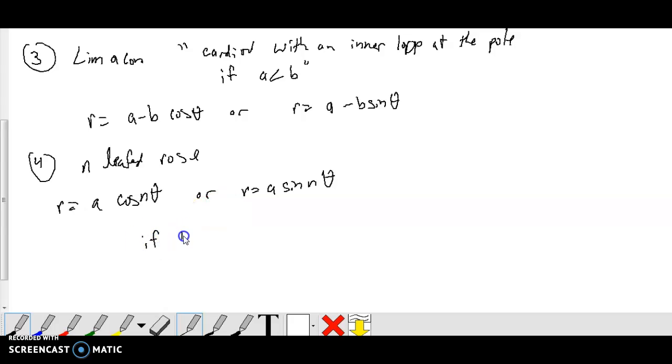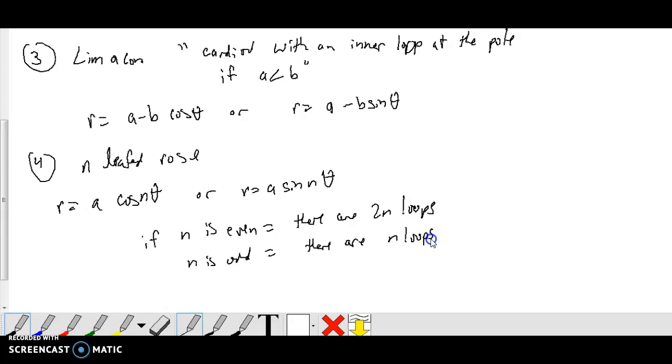So if n is even, there are 2 times n loops. And if n is odd, there are n loops. Okay, so these are just really fun graphs that we can graph by hand if we so want to.